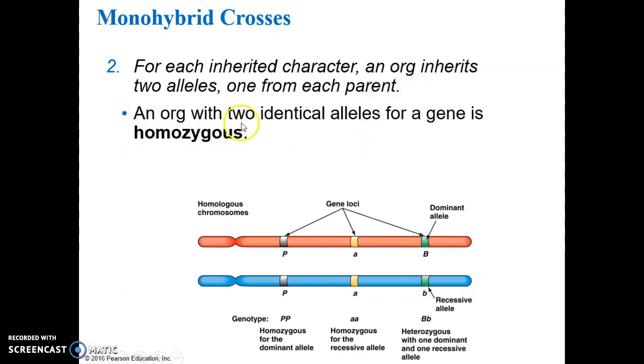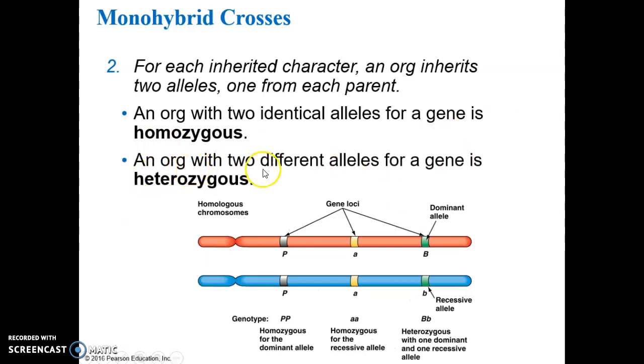So an organism with two identical alleles for a specific gene is referred to as homozygous. Homo for similar or same. And we'll talk about this more, the true breeding parents were homozygous for a particular allele.